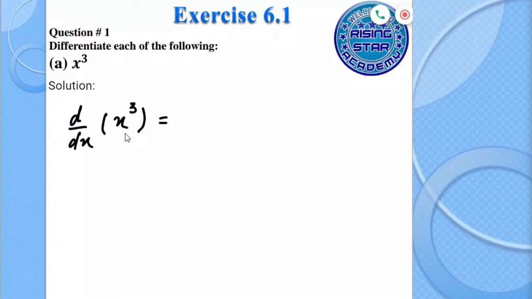We will differentiate the variable x with respect to x. So we will apply the power rule, that is 3x to the power of 3 minus 1. So that would become 3x to the power of 2. That is our answer. Move to the next problem.